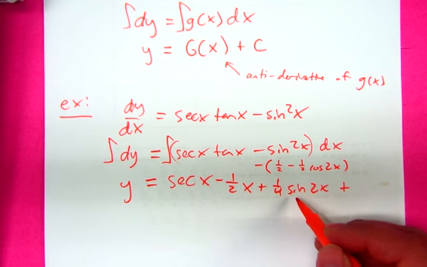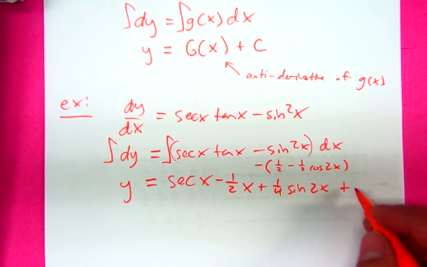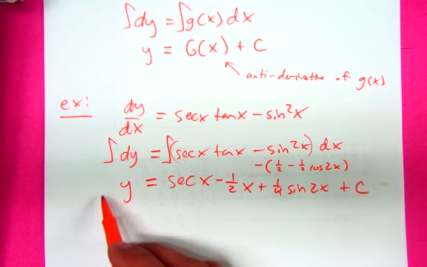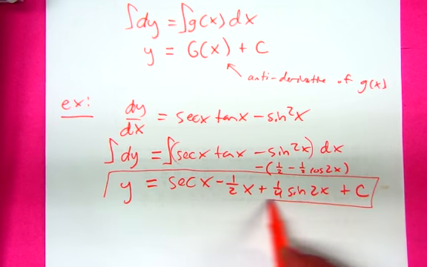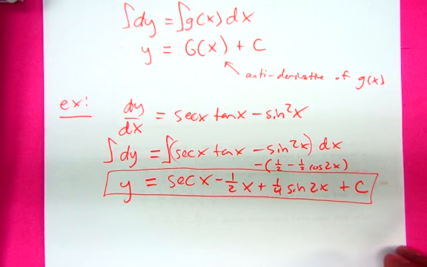Antiderivative of sine is cos. Okay. Plus constant. Yay, we solved the differential equation. Well, there's some more interesting stuff we're going to do.